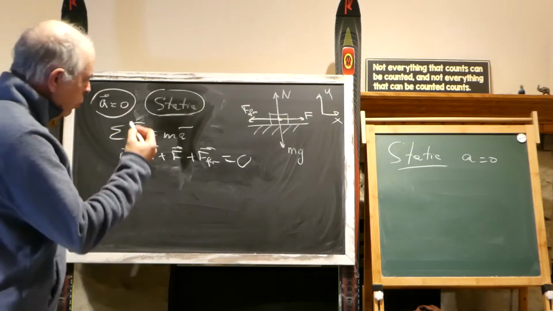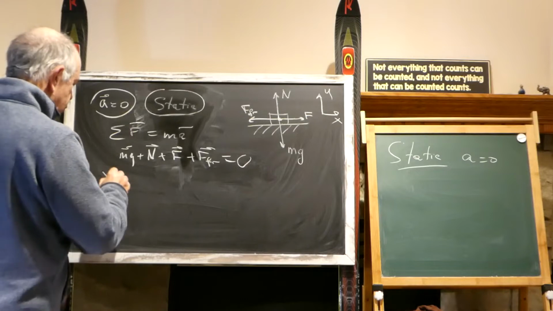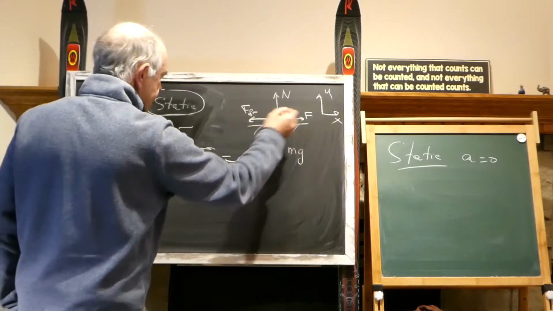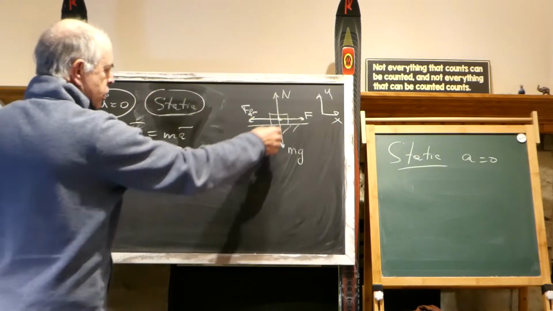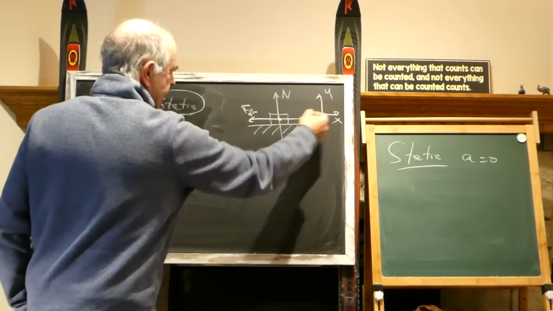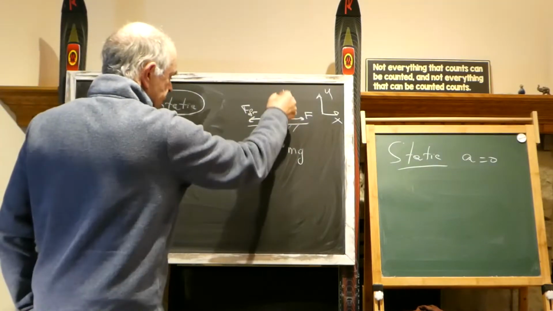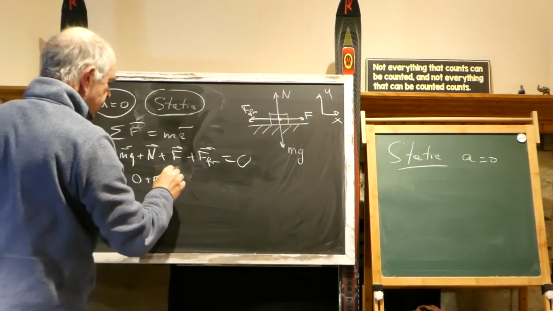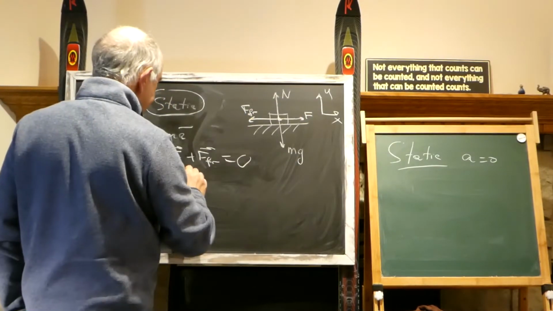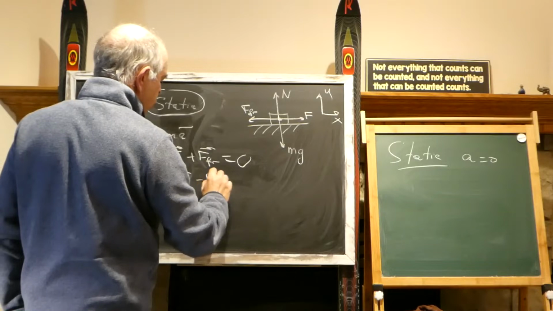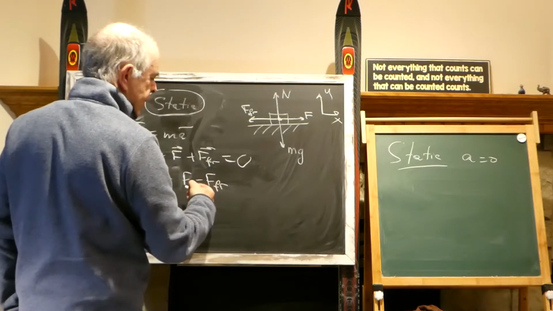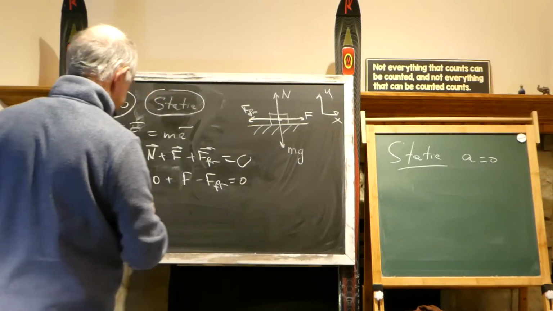Okay, very good. And so I can put on x, the projection of mg on this x is 0, N is 0 because those are vertical and x is horizontal. F goes to the right. F friction goes to the left, hence I put the minus sign here, equals 0.